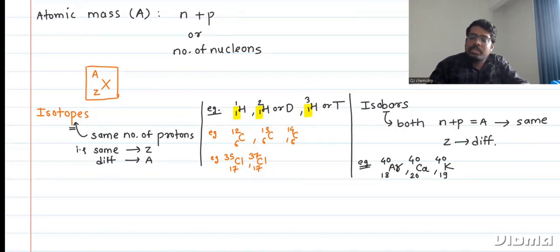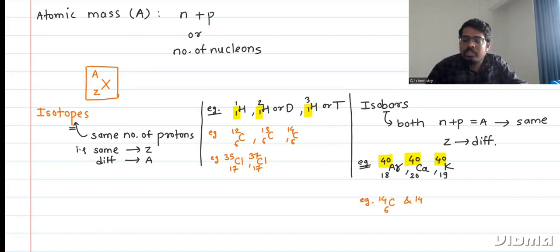So the atomic mass number is the same, but the atomic number is different. The second example is carbon 14 (atomic number 6) and nitrogen 14 (atomic number 7). These are examples of isobars where the atomic mass number is the same.